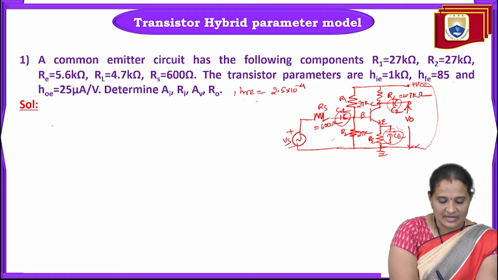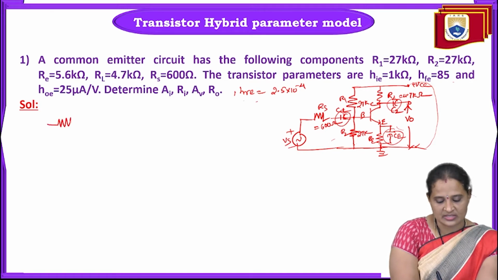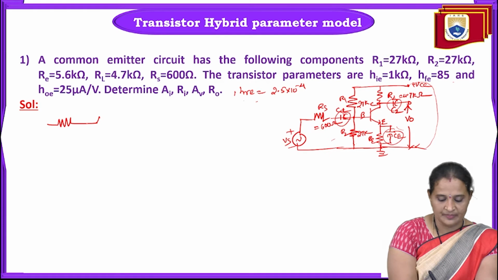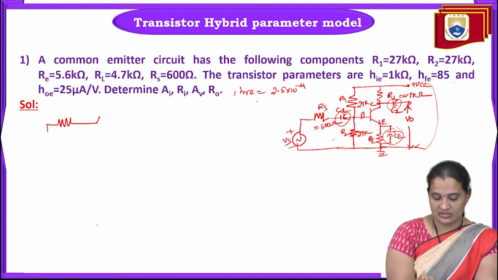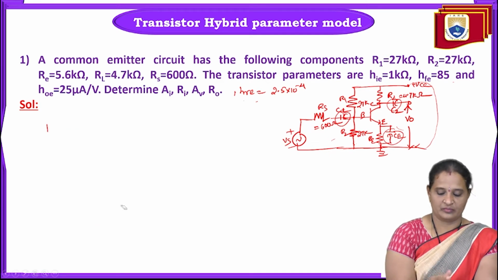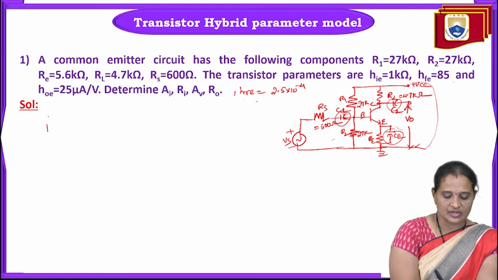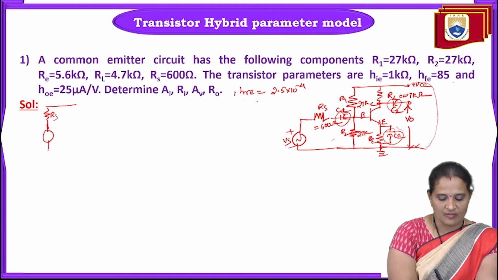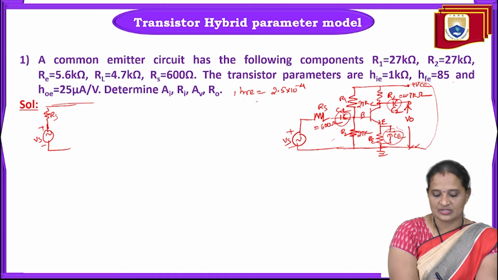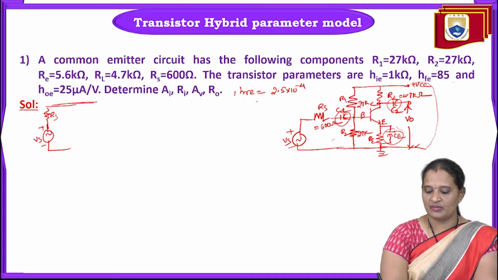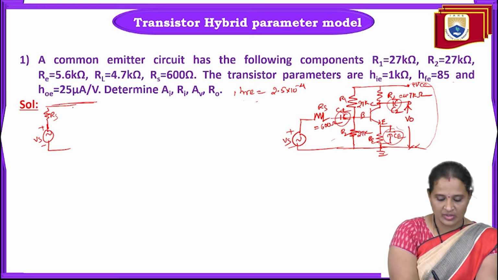So now let us draw the equivalent circuit. The equivalent circuit of this is RS, and we have a voltage source plus minus Vs, and as I said, we will now get R1 and R2 in parallel.